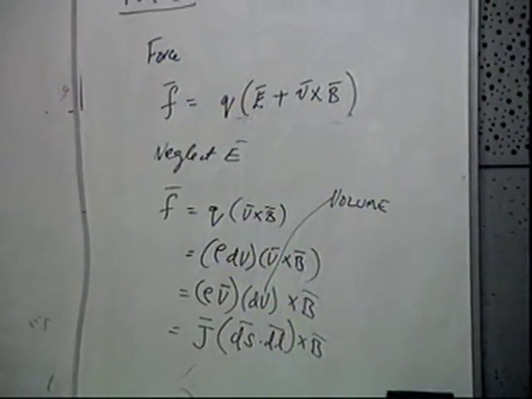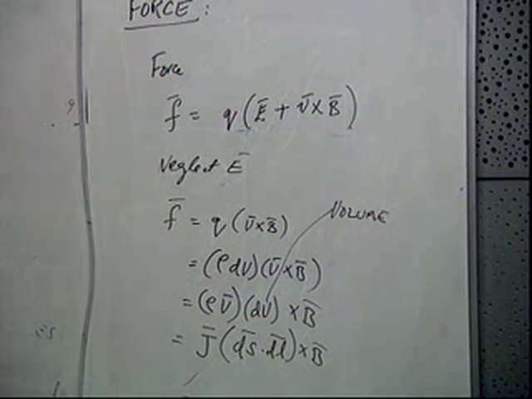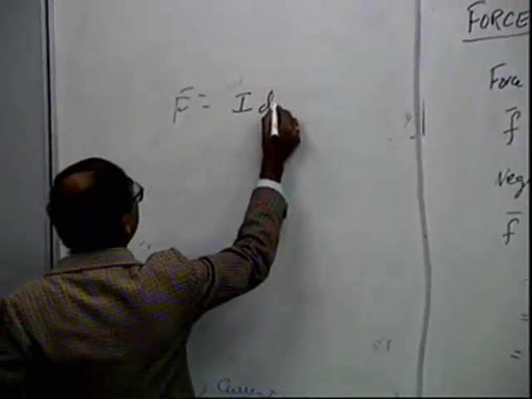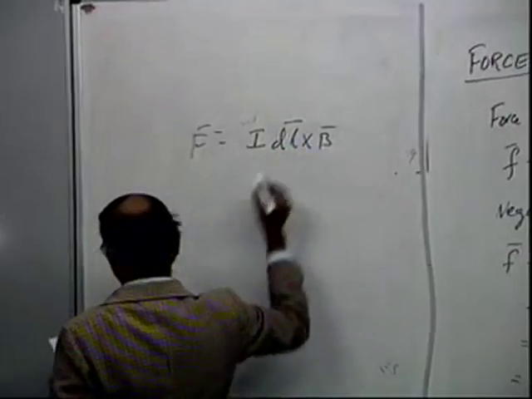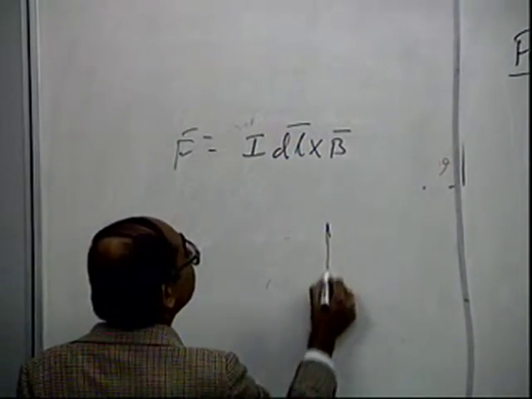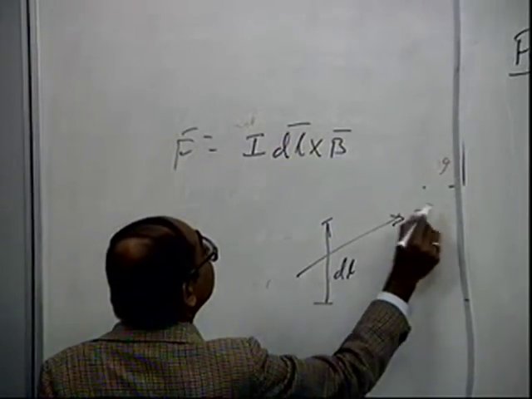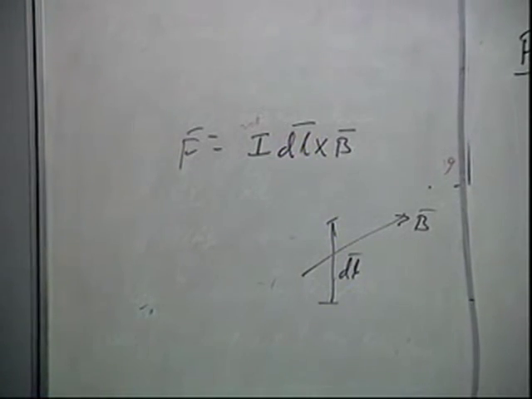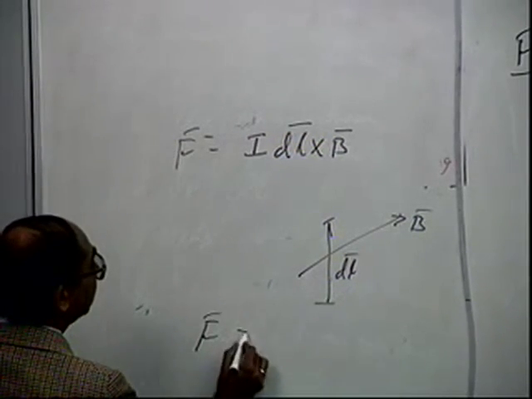So in fact the expression for force will be given by I dL cross B, if you have a small element dL. So this is the standard expression for force.